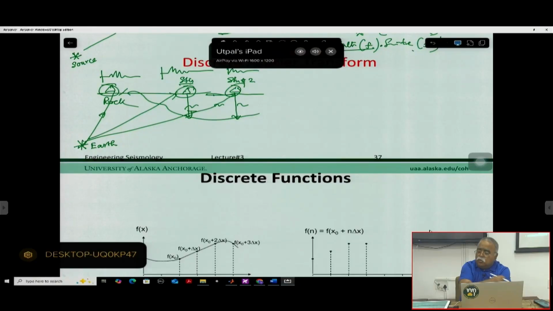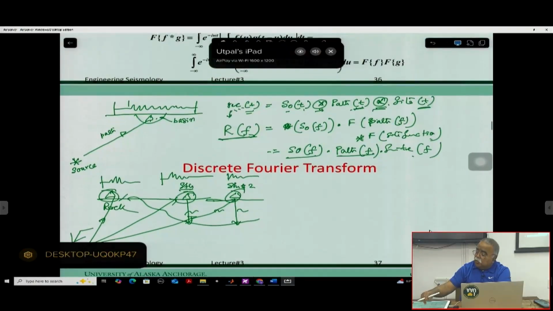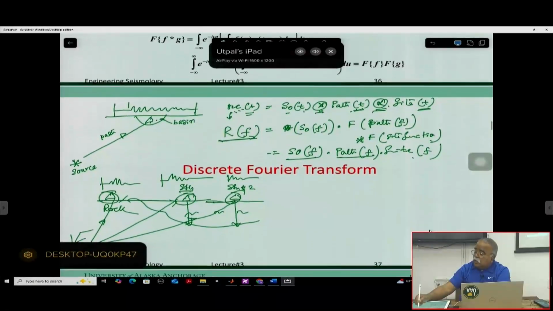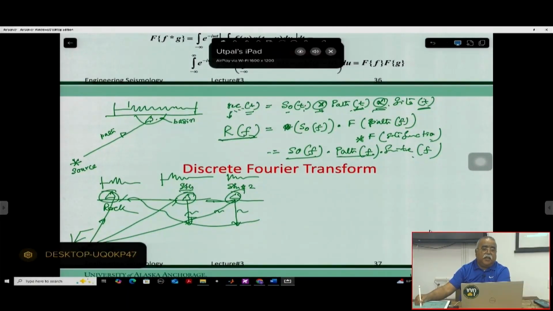So what we do, one part is to do the time domain modeling. Time domain modeling means if you know how this pulse has been created, then we can do the time domain calculations and calculate it here. But please remember, this time domain calculation is basically the convolution of each other, and convolution calculation is not a very easy one.